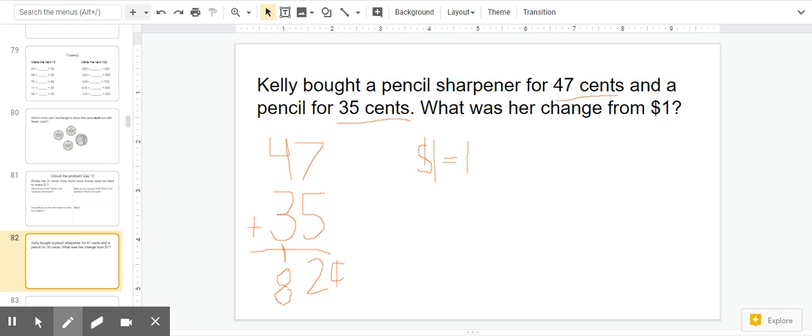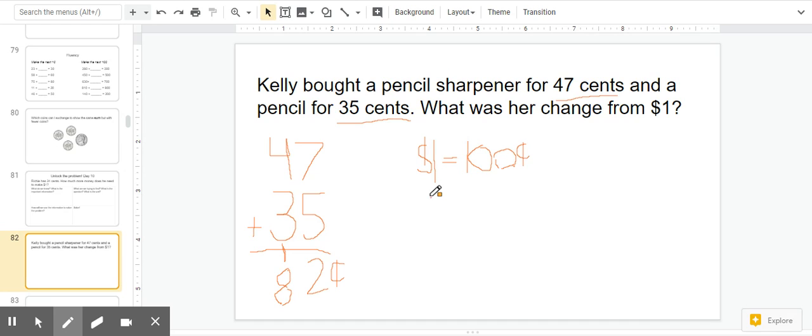Now, just like last time, we want to know what the difference is between 100 cents and what she spent, 82 cents. How much money will she get back after she bought the pencil sharpener and the pencil? So we're going to need to write a subtraction equation to solve this problem. Pause the video and write your own subtraction equation to solve this problem.